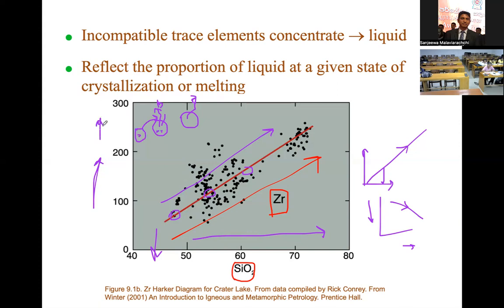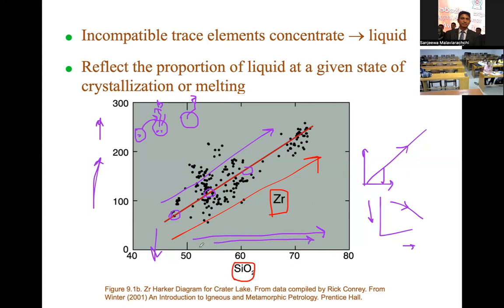It happens automatically, right? So if you have 50 girls and 50 boys in a classroom, and you ask 25 boys to go away, then what is the concentration of girls? Automatically it will increase, right? So like that, the residue gets more and more mafic, whereas the melt gets more and more felsic. That's why you can see the increasing silica value here, right?